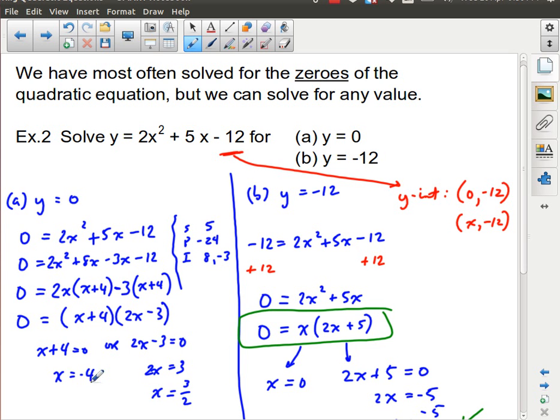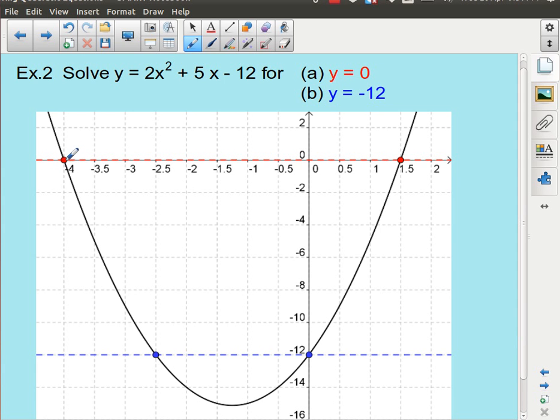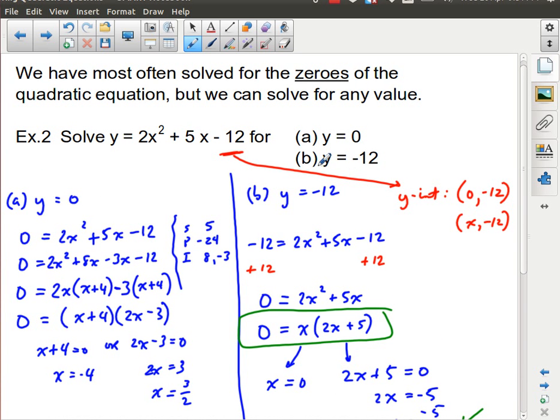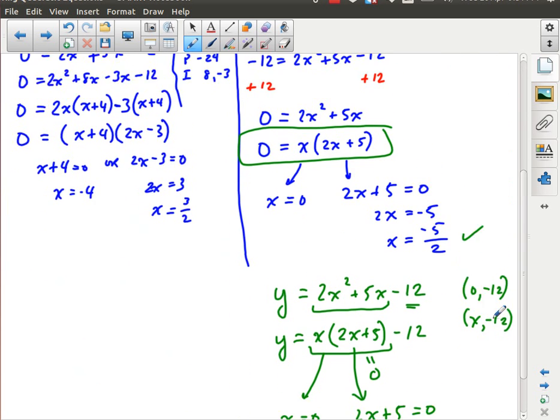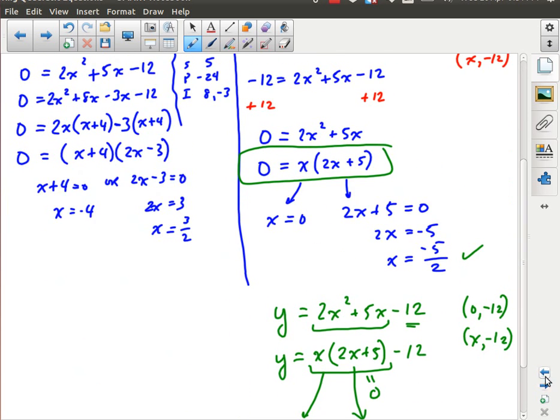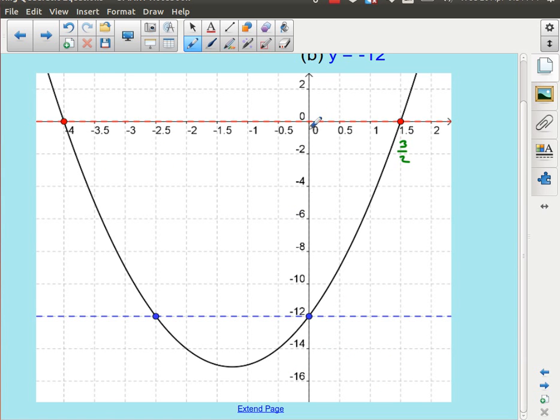In the case of the zeros, we found zeros at negative 4 and 3 over 2, which is the same as 1.5. When we solved for the other value, negative 12, we ended up with an answer of 0 and negative 5 over 2. 0, that's the y-intercept, and negative 5 over 2, which is the same as negative 2.5.